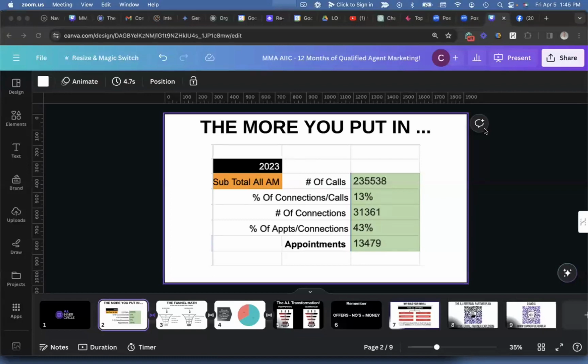And I just want to share that this is an AI and automation based system, and it is specifically designed for qualified real estate agents. So we need to have the conversation of who we put into the funnel.